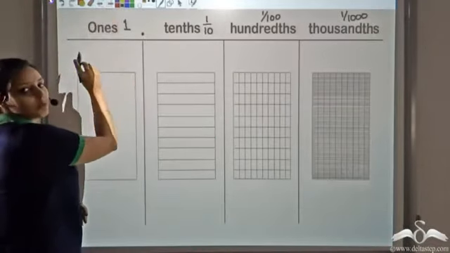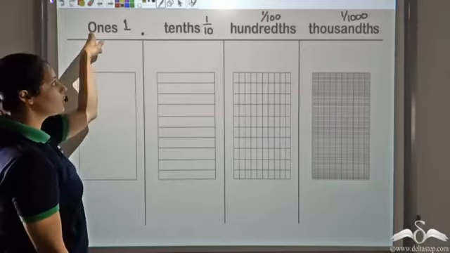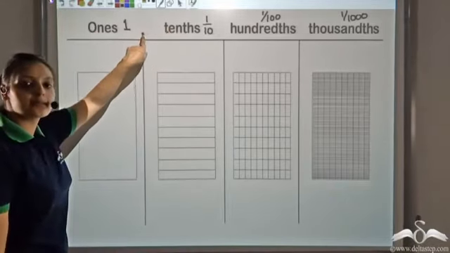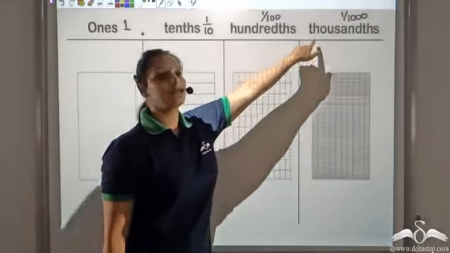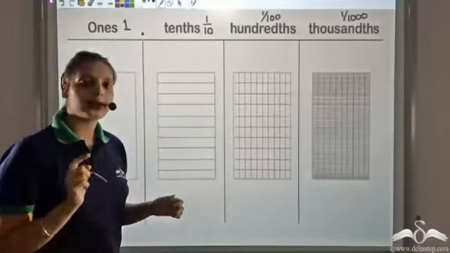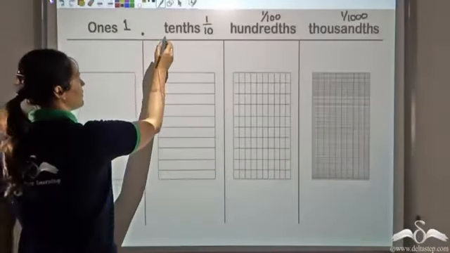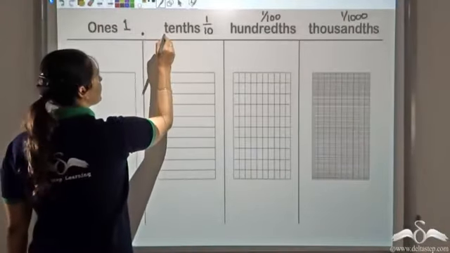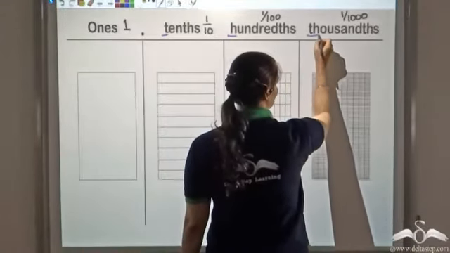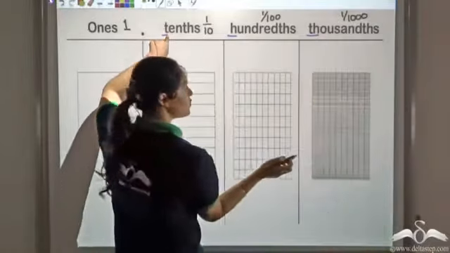Now I can represent ones by a capital letter O, tens by a capital letter T. Remember, after the decimal point, we represent the columns ahead by small letters, not by capital letters. So I represent this by t, single letter t, this by letter h, and this by the first two letters, because t has already been used by tens.